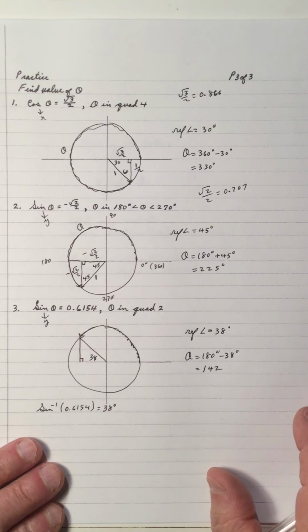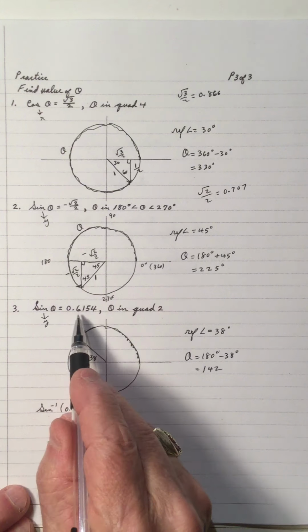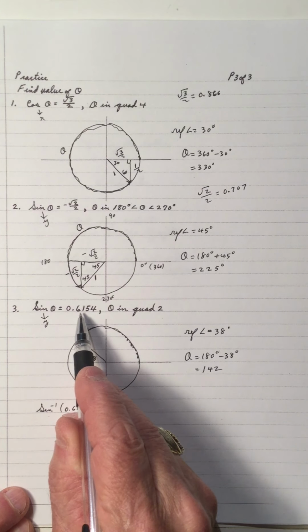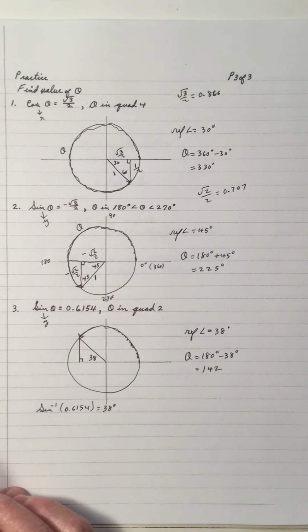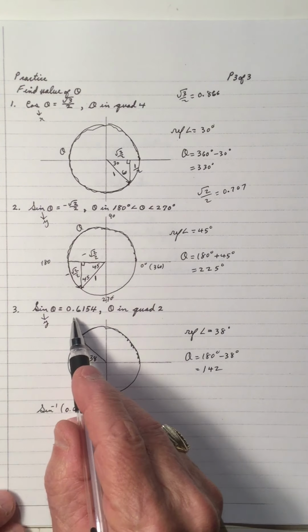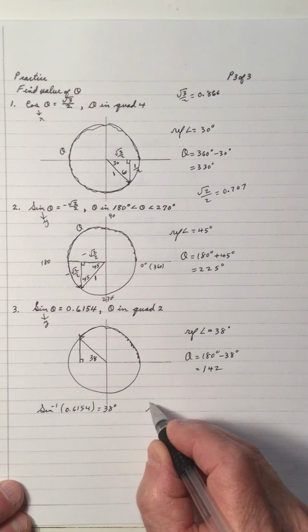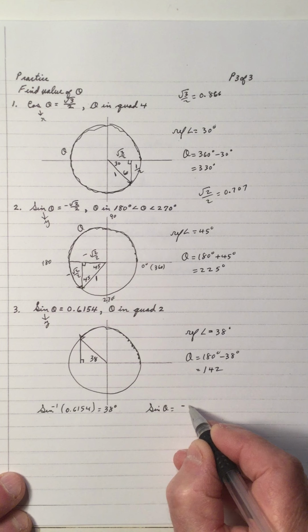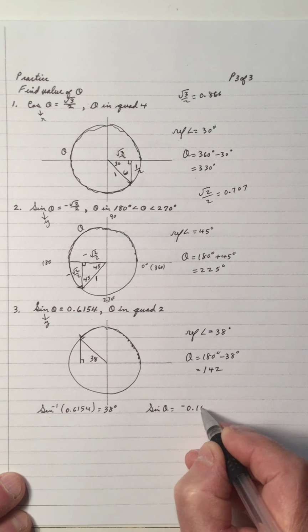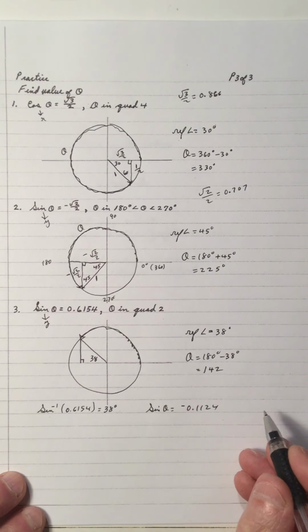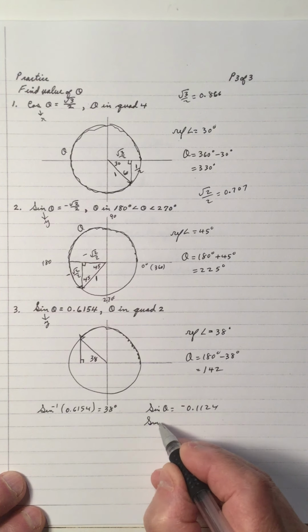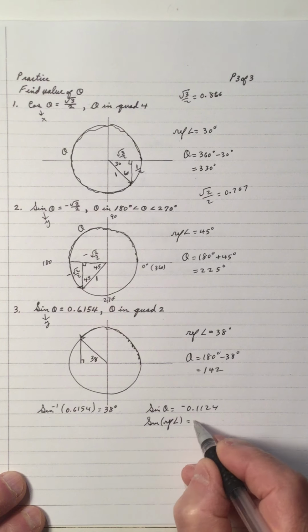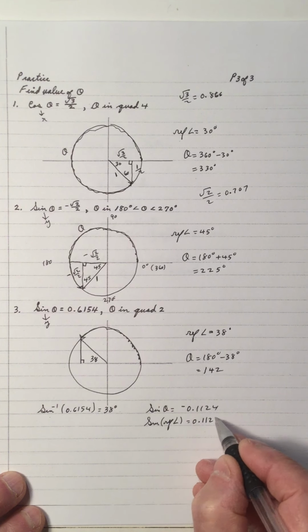Notice I do these special right triangles, but if you don't have a 1/2, root 2 over 2, root 3 over 2, you have to use your calculator and you have to go inverse. But just to show you, if you have the sine of theta is a negative 0.1124, this is an extra one, you have to go the sine of the reference angle is 0.1124.